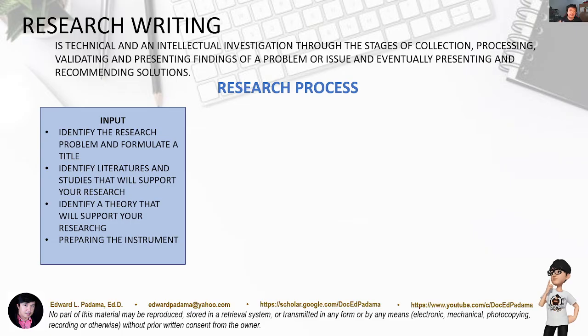This is just an overview of what you're supposed to do when you conduct your research. For the input, you identify the research problem and formulate a title. Make sure we have criteria and characteristics for doing this, discussed in a separate video. So we will just focus on the process in general.